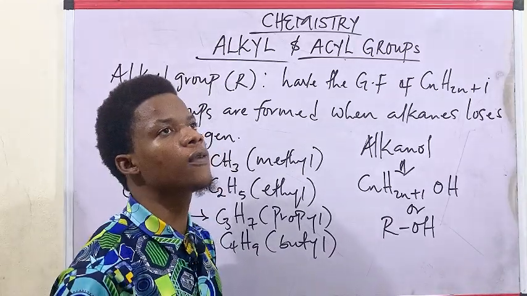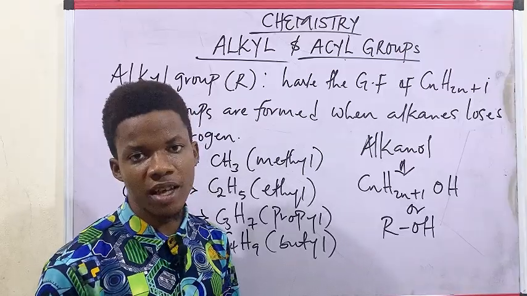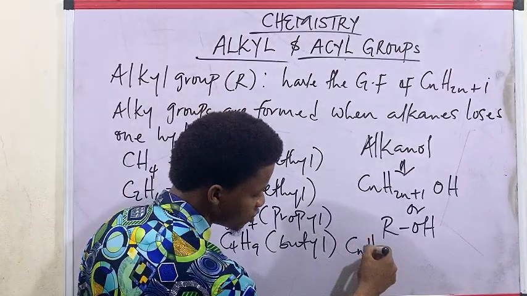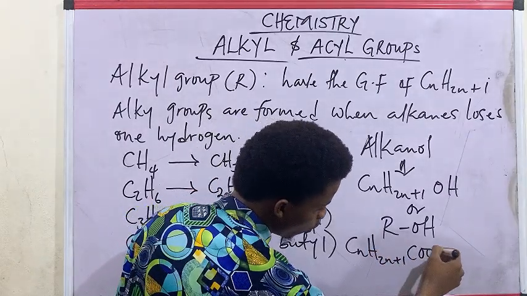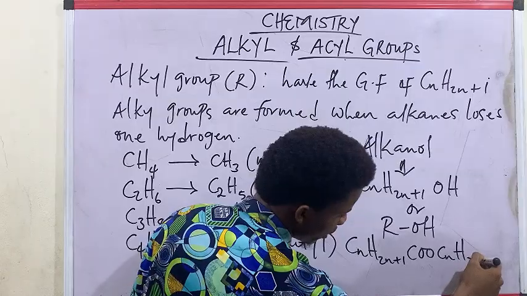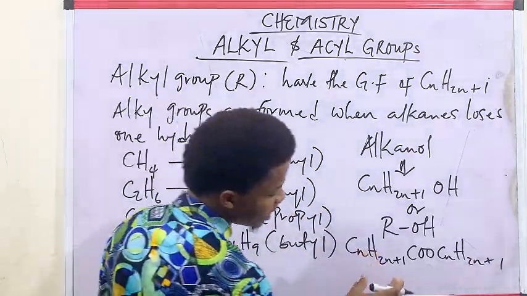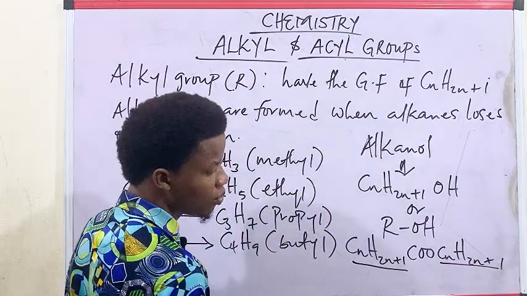Now, if you think of any other homologous series, let's take the esters for example. The esters' general formula is CnH2n+1COOCnH2n+1. By the time you replace these with R, what do you have for the esters?